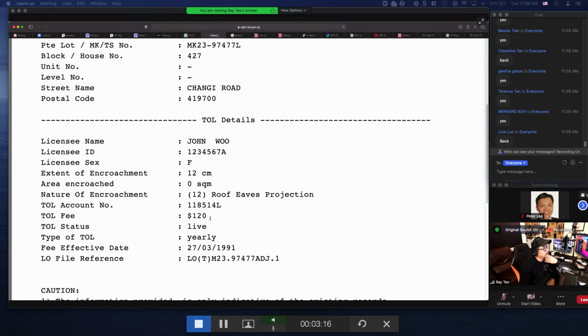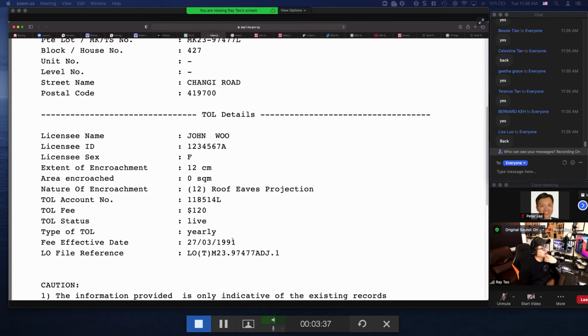The nature of encroachment is a roof east projection: the roof canopy is projecting into government land. Now they are paying a TOL of $120, and every year they need to pay.